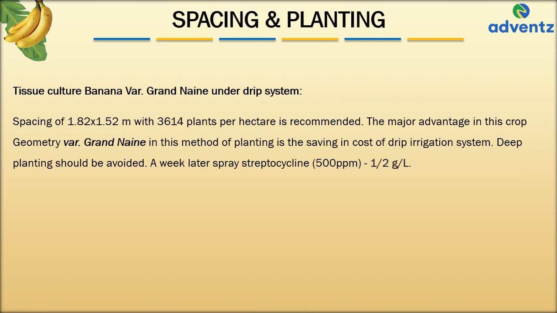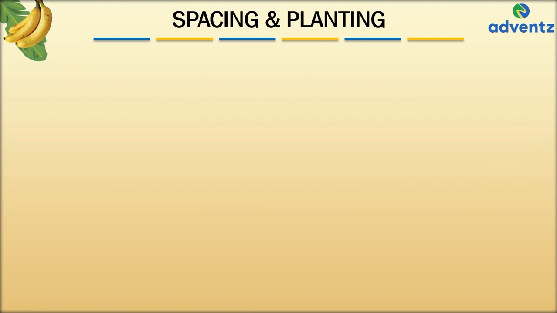The major advantage of planting banana variety Grand Nain is that it saves the cost of drip irrigation system. In this method, deep planting should also be avoided, and a week after planting, spray streptocycline 500 ppm at the rate of half gram per liter.